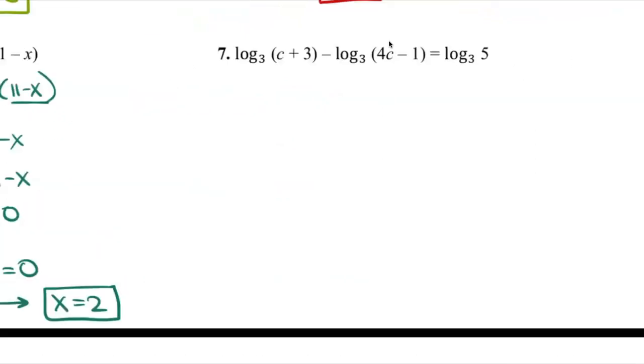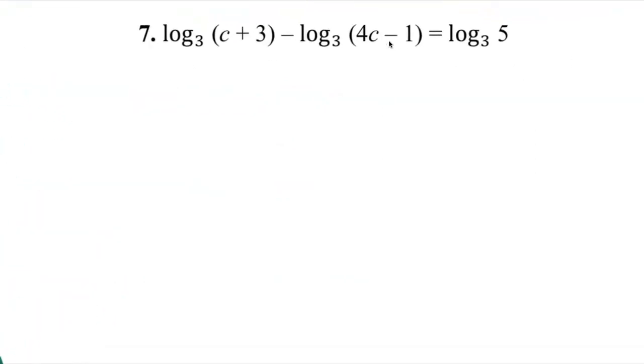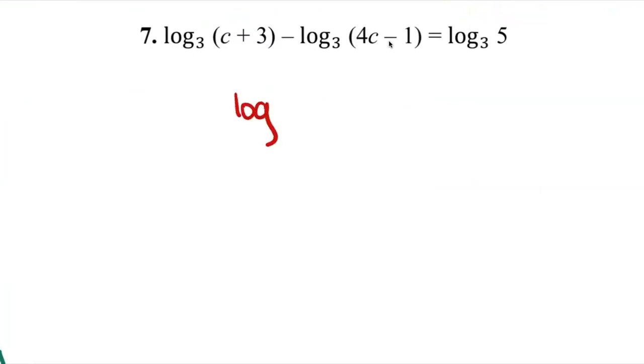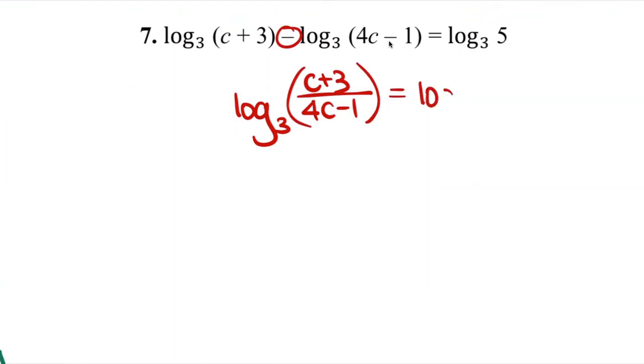All right, and then number 7, I'll go ahead and combine these two. Since it's subtraction, I'm going to use division to combine those arguments. All right, and then once I have logs on both sides, I can just set those arguments equal.